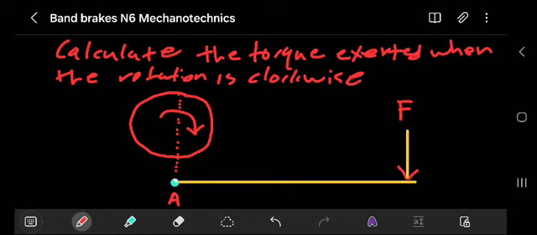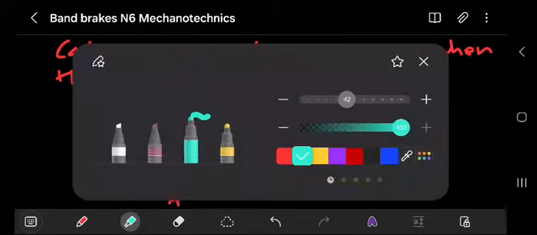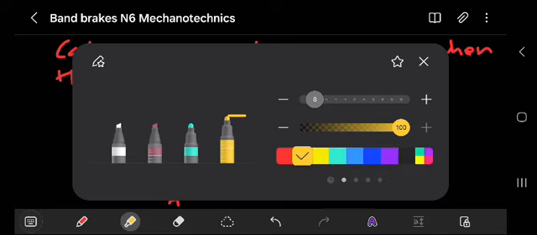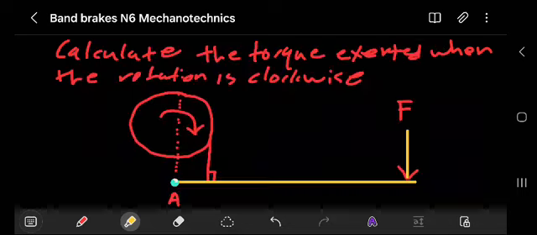So okay, from there, remember, from this point here, you see what is happening. If our drum is rotating like this, T1 also will be pointing in that direction.